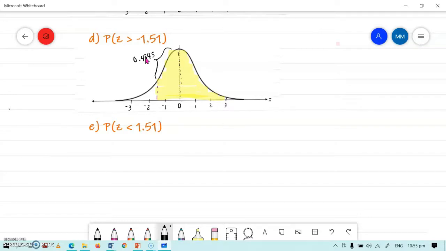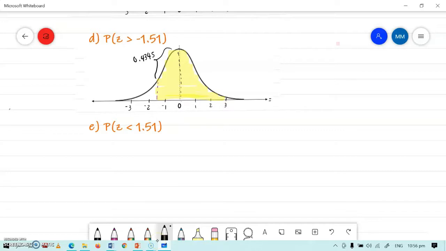Okay, right? Now, since what we are looking for is the entire right of negative 1.51, then we need to include also the entire region from 0 to the right. And we know that the other half of our curve is equal to 0.5. So to find the area of the entire shaded region, we need to add.